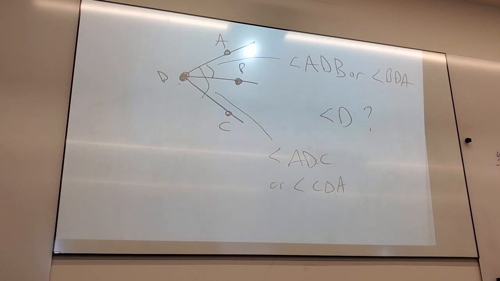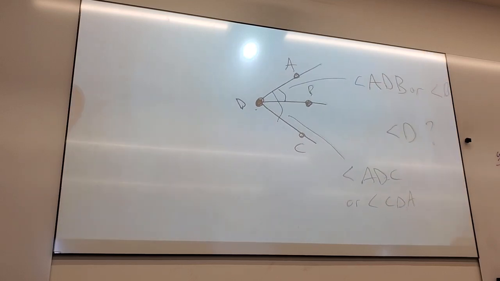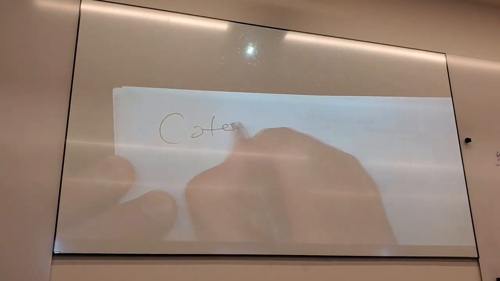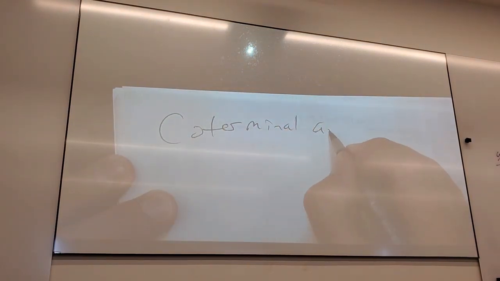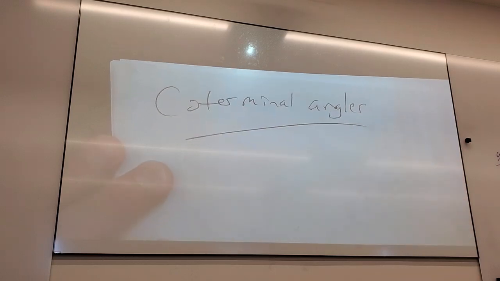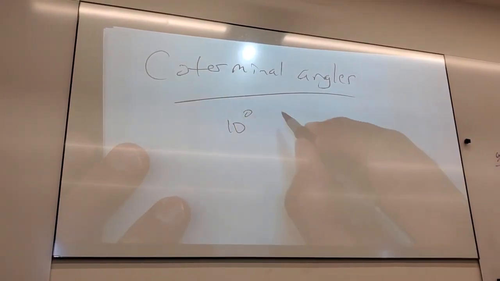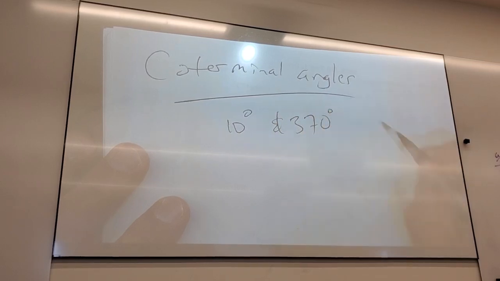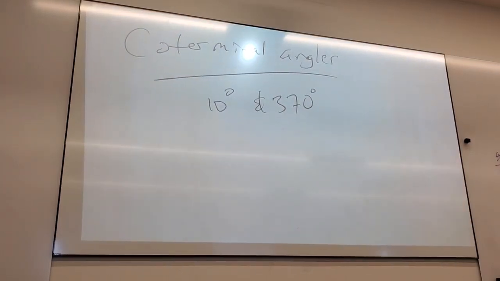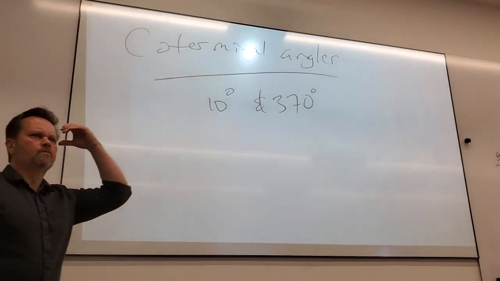Okay. So coming back to what I was talking about a minute ago before I forget, there's the idea of coterminal angles. I always forget to give you the terminology. So for example, 10 degrees and 370 degrees, do they end up pointing you in the same direction? Yeah.